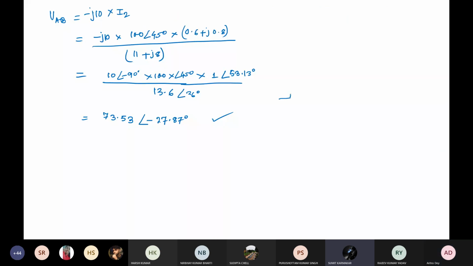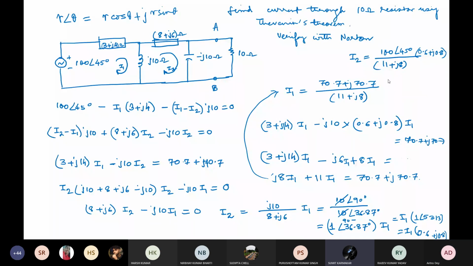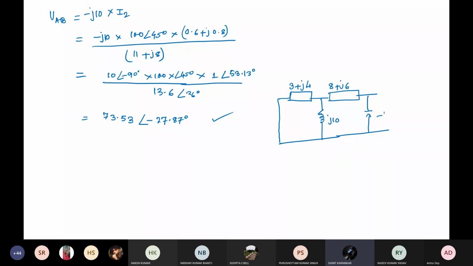It is 3 plus j4, your voltage source will be shorted out, and then it is in parallel with j10, and then you have another impedance of 8 plus j6, that is parallel with minus j10. So this is your RTH, right? So that is your internal resistance.